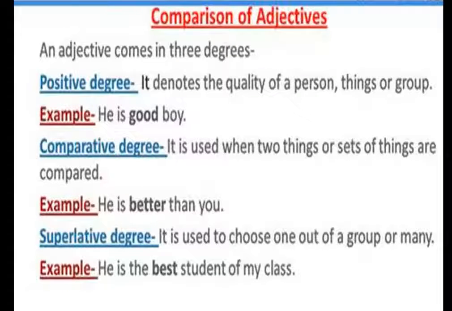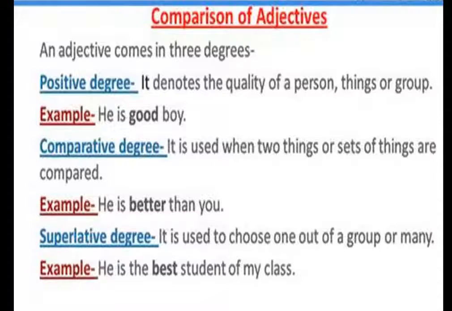We are showing the quality of that person. For example, he is a good boy. Good, the highlighted word, is the positive degree. Here we are giving the quality of the boy. That is the positive degree. Now the second is the comparative degree.